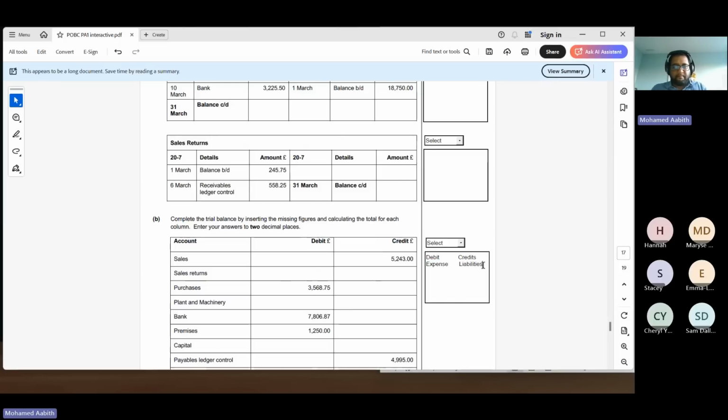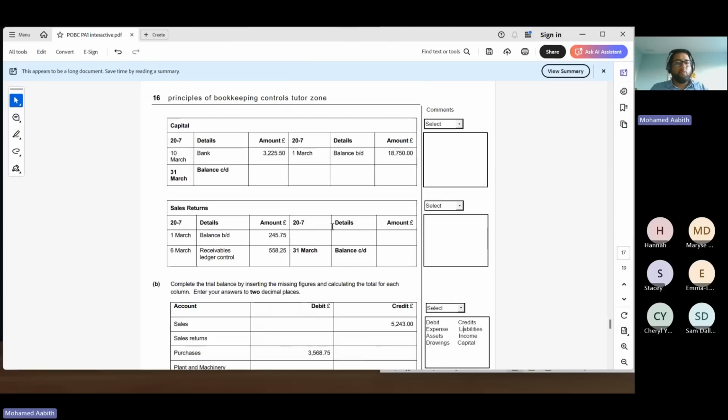Then you have assets, income, drawings, capital. So if you notice that here, the first 4 letters are going to be debit, and the other 4 letters are credit. So if you remember which side they go, you'll be able to work the numbers out.